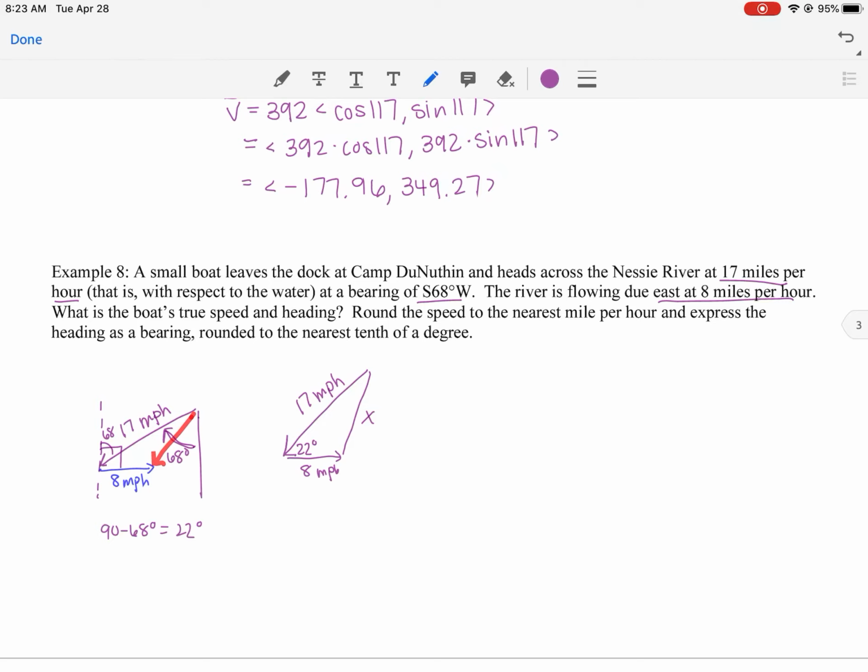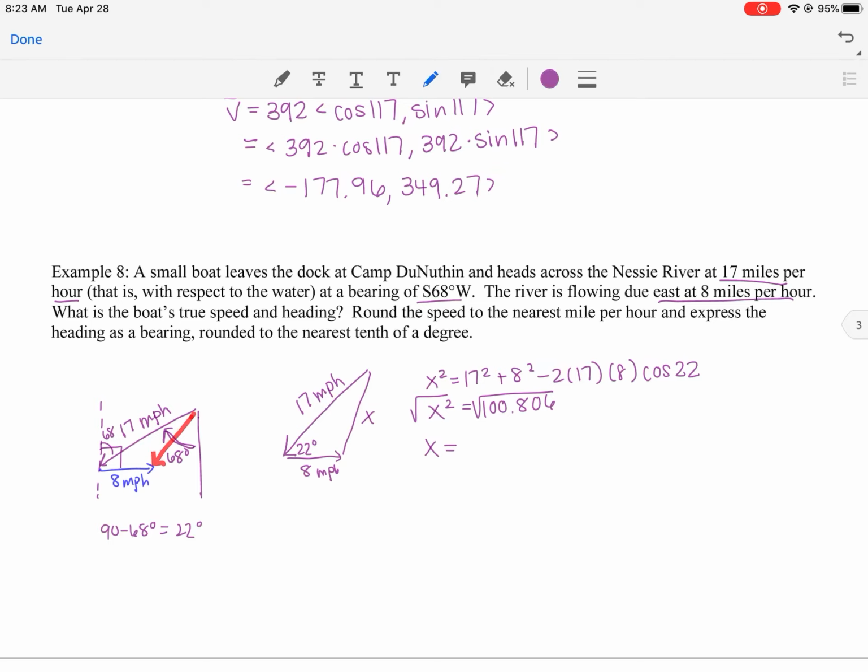In this case, since we have the two sides and the angle between them, we're going to use the law of cosines. So x squared equals 17 squared plus 8 squared minus 2 times 17 times 8 times cosine of 22. When you type all that in your calculator, you get x squared equals 100.808, and then we're taking the square root.